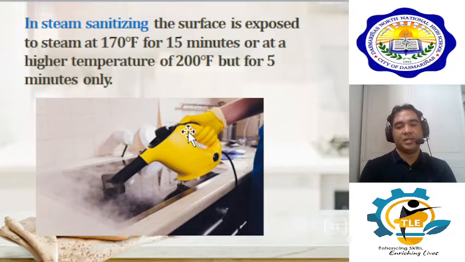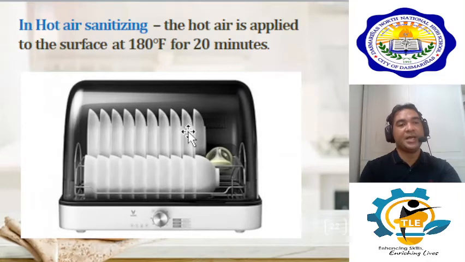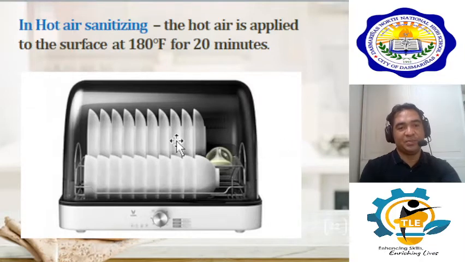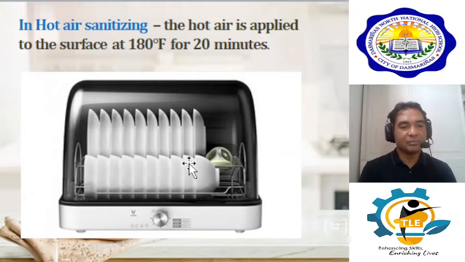Moving on, we also have hot air sanitizing. In hot air sanitizing, hot air is applied to the surface at 180 degrees Fahrenheit for 20 minutes. For you to be able to sanitize using hot air, you must have this machine.